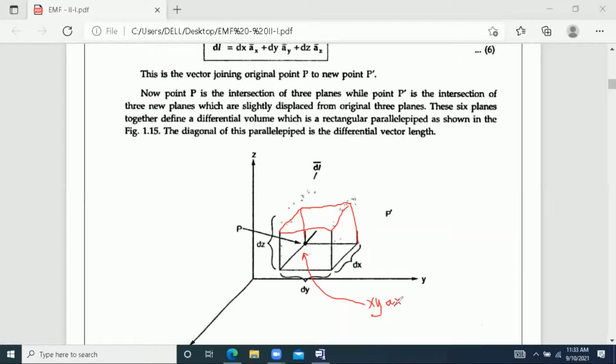Suppose I tell you it's surface xy. It could be either this one or the one behind it, not true? But it is in the ax direction, so you specify that surface now.